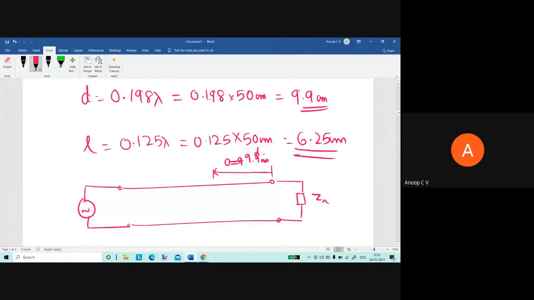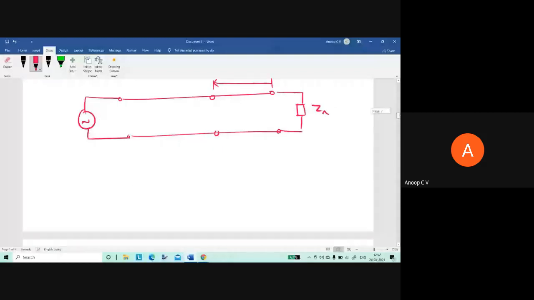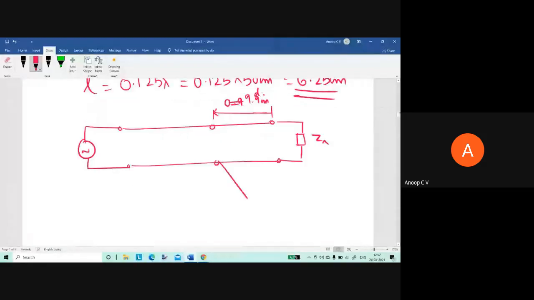And the length of the stub should be equal to 6.25 centimeter. Both have the same characteristic impedance: Z0 is equal to 300 ohm and Z0S is equal to 300 ohm. And this is a short circuit. So this is the answer.